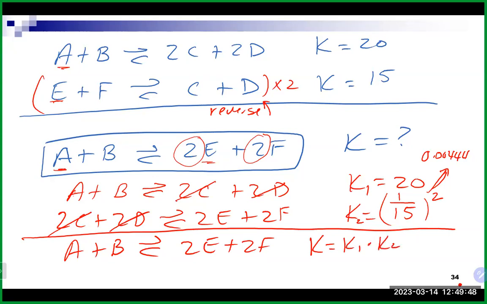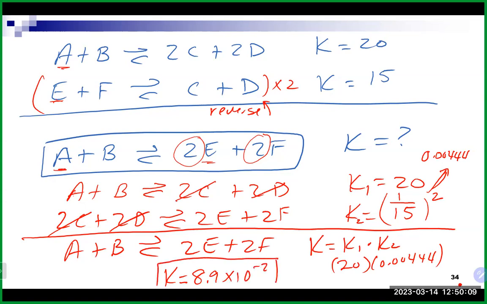So not add, but multiply. That would give me 20 times 0.00444, a bunch of 4s. That gives me a K value here of 8.9 times 10 to the minus 2 in this case. Any questions on that one there?